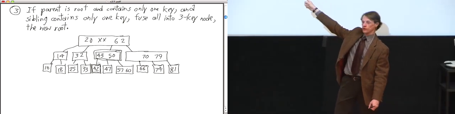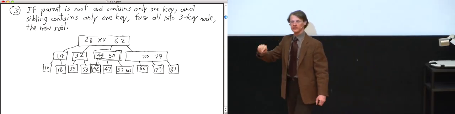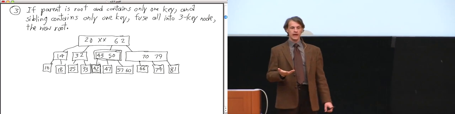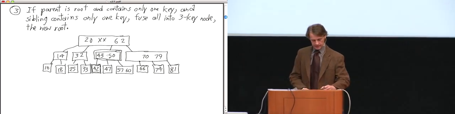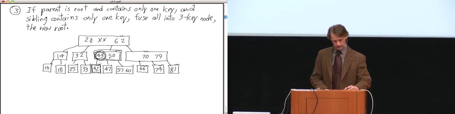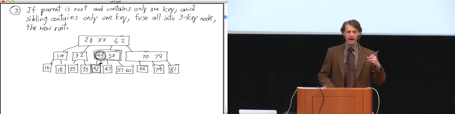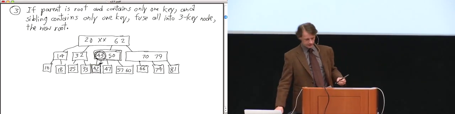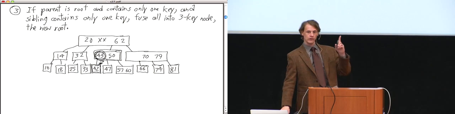No, I can't. 47 only has one key. So I'm going to steal now a key from its parent. I'm going to take this 43 here, and I'm going to move it down and combine it with the 42 and the 47 so that they all become one node.